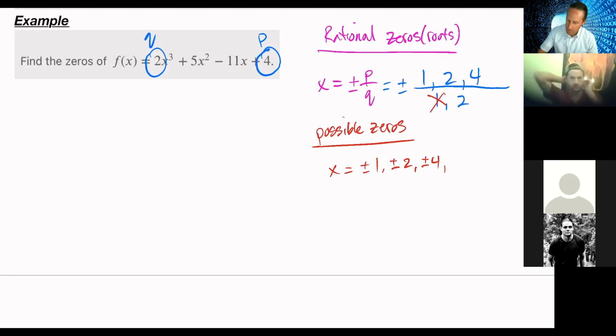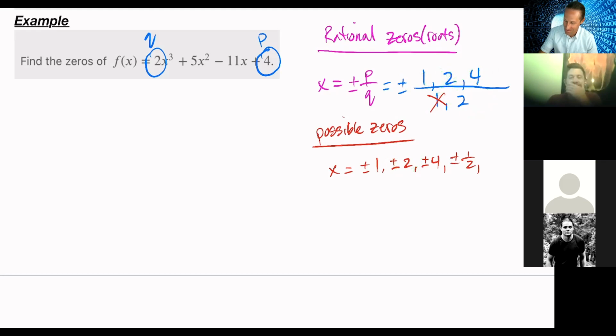So I'm going to first start by taking 1 over 2. Then I'm going to take 2 over 2, which I already know I have as an option. I don't need to write it again. Okay, don't repeat things and make more work for yourself. Okay, so that's out. And then 4 over 2, what's that? That's already there too. Yeah, very good.